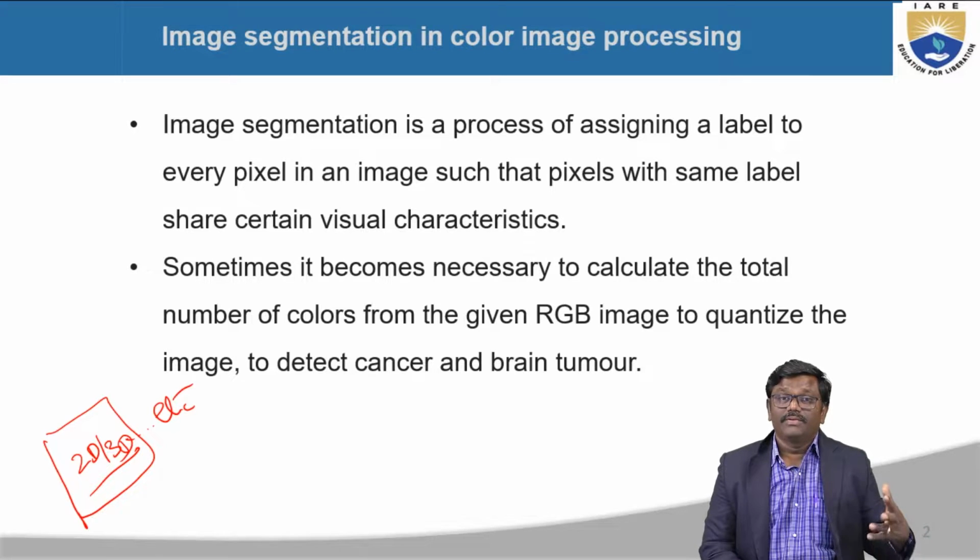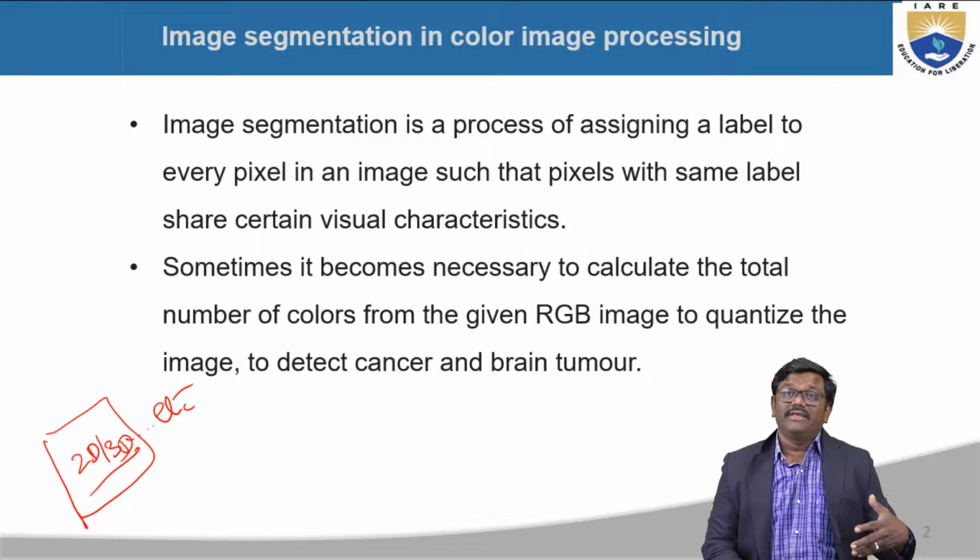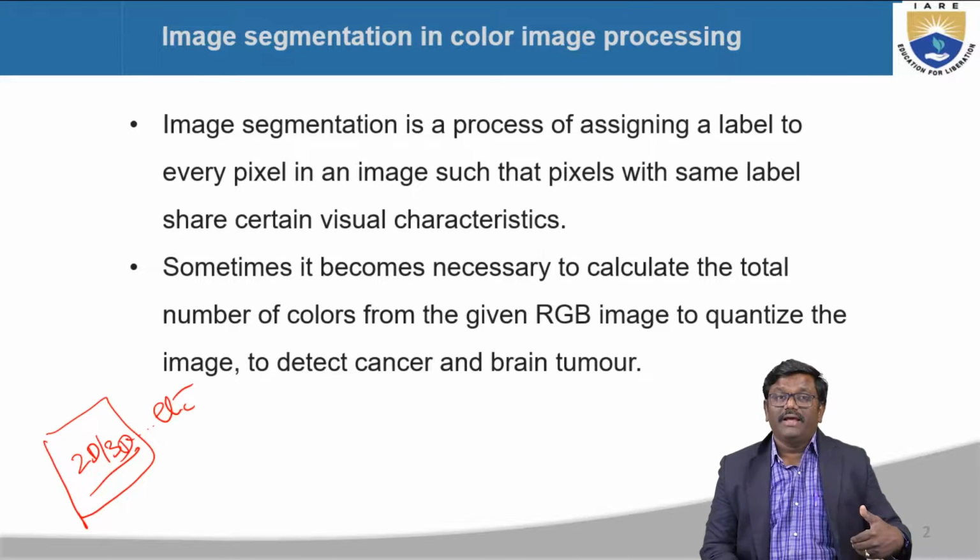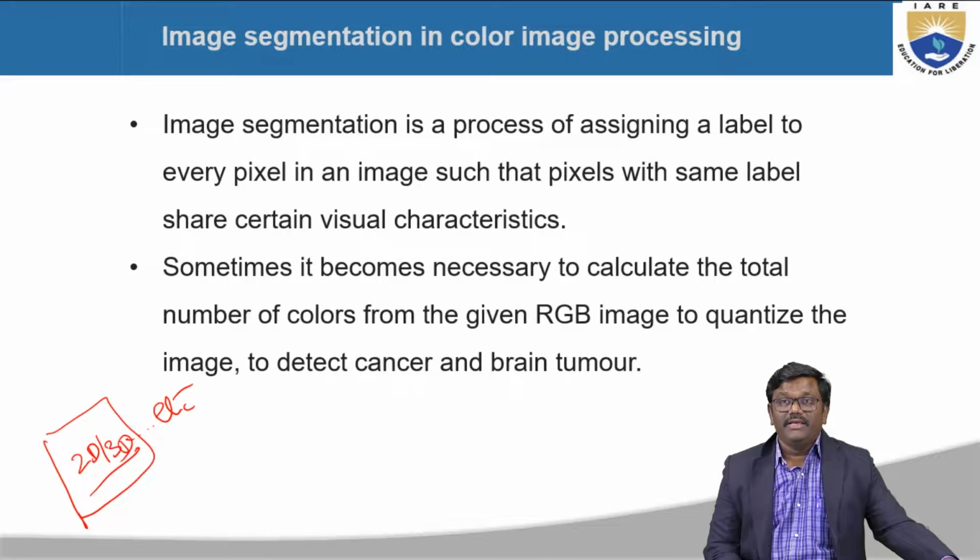Value in the sense pixel values, the intensity of the pixel, how it can vary. The meaning of image segmentation is a process of assigning a label to every pixel in an image such that pixels with the same label share certain visual characteristics.